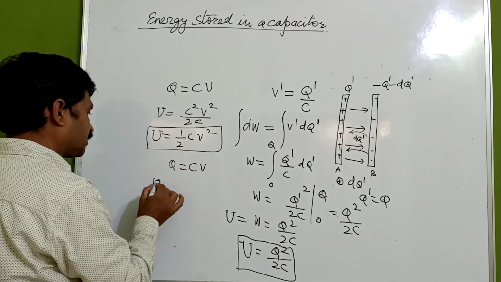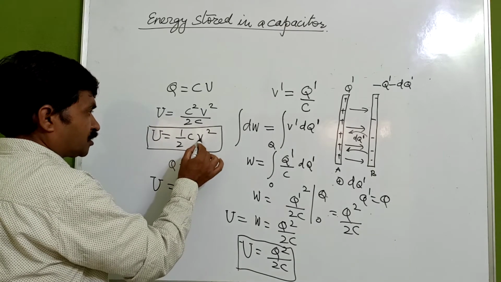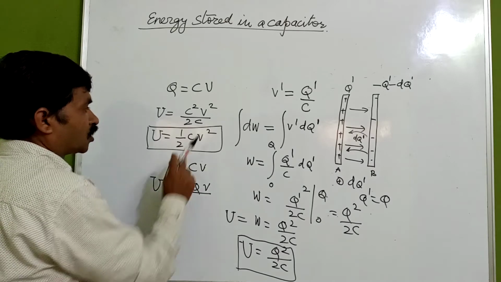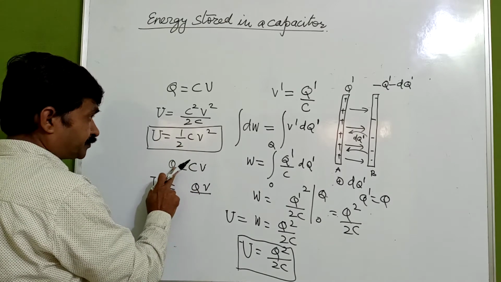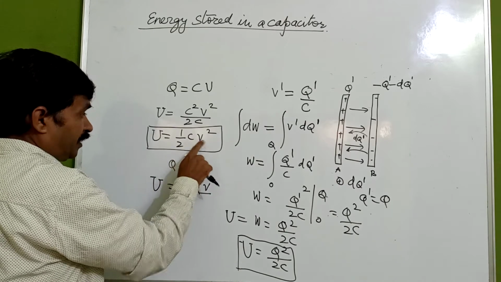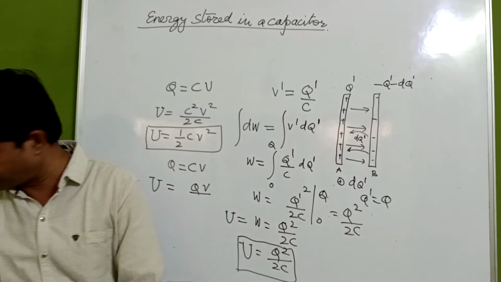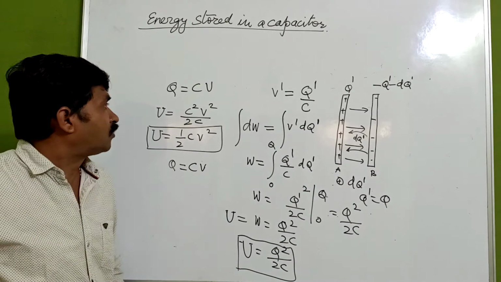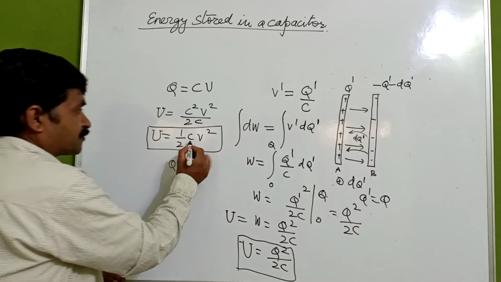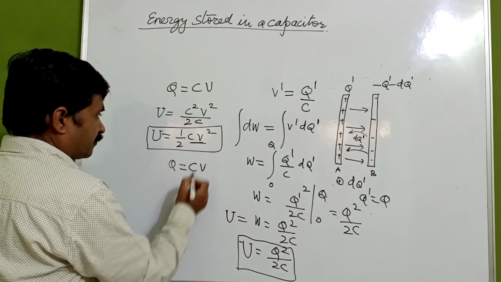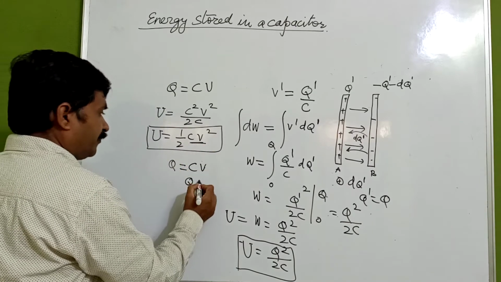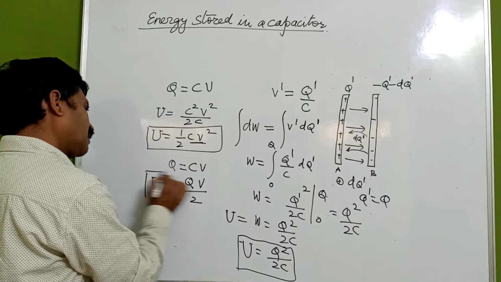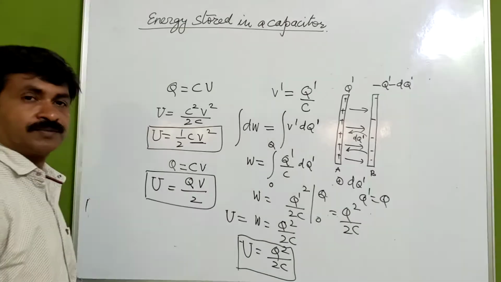So another relationship which we get: Q is equal to C into V, we can substitute this CV in place of Q and V upon 2. This will give the potential energy, half QV.